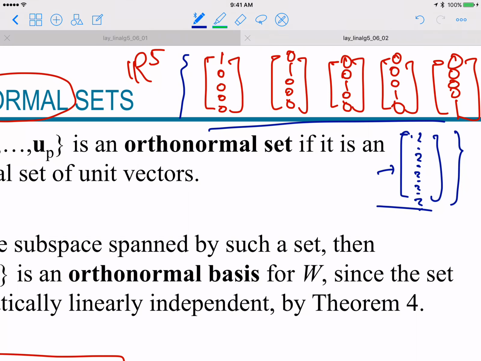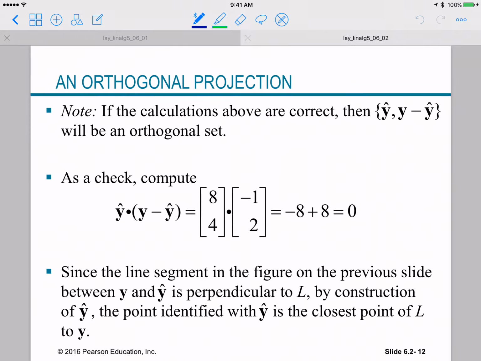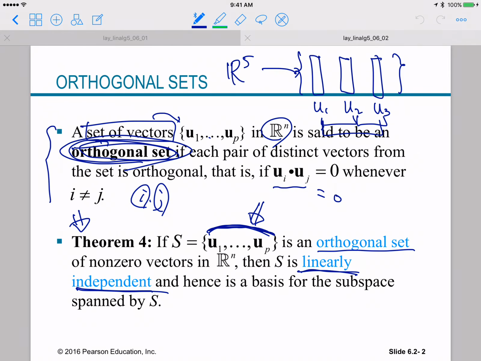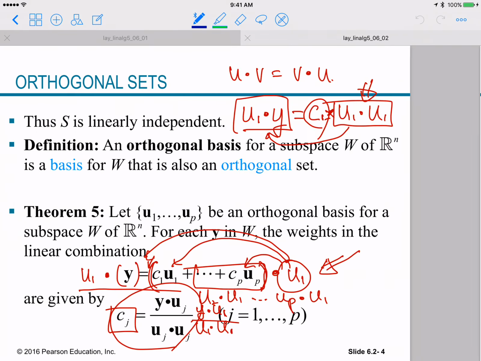We can also understand it in this manner. An orthogonal set is a much stricter condition than a linearly independent one. As we saw in the previous example, if your set is orthogonal, it will automatically be linearly independent.